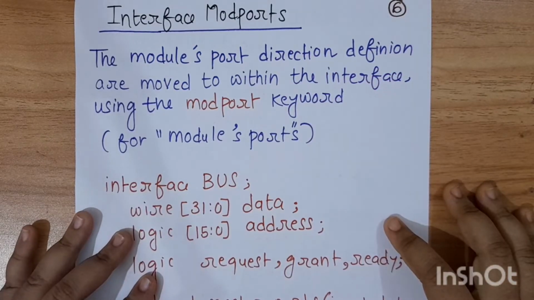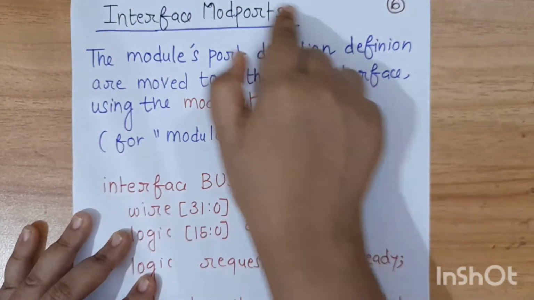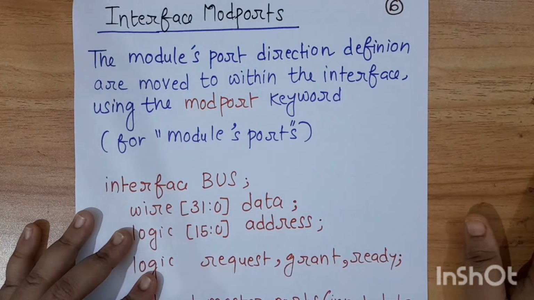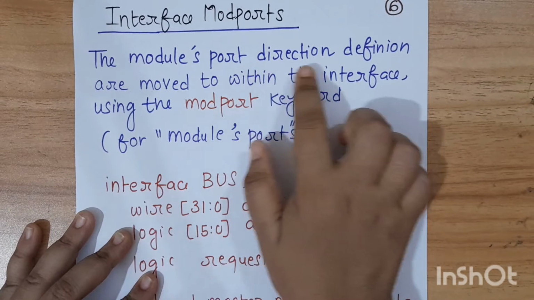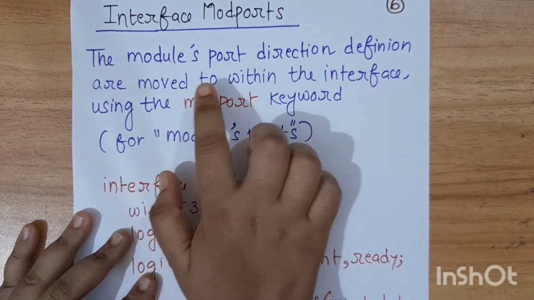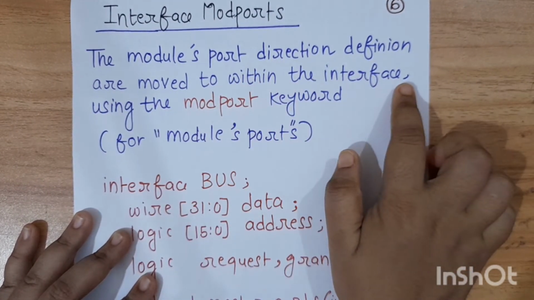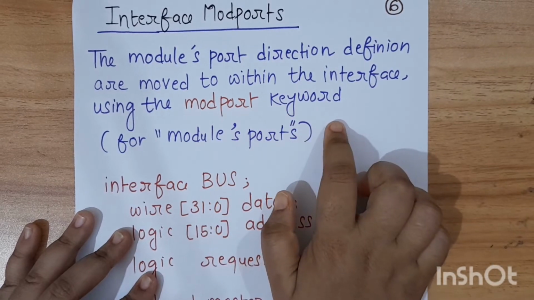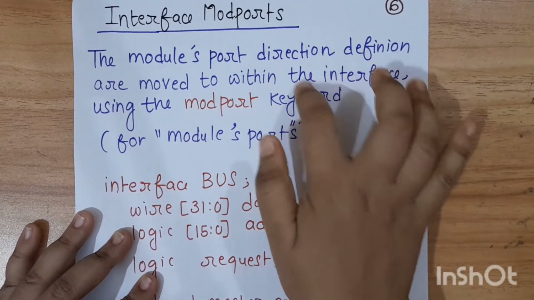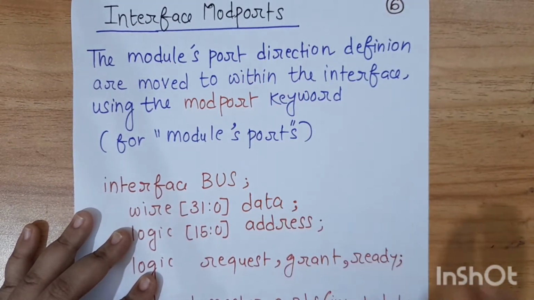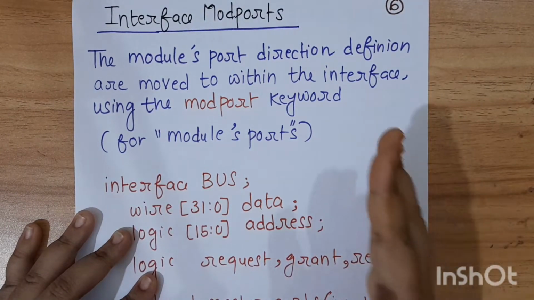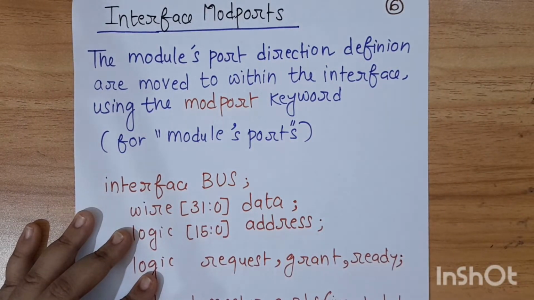Now I am going to talk about interface modport. What is modport? Module port direction definitions are moved within the interface using the modport keyword. In the interface bus we provided a set of signals, with logic and wire as data types, but we have not provided the directions.